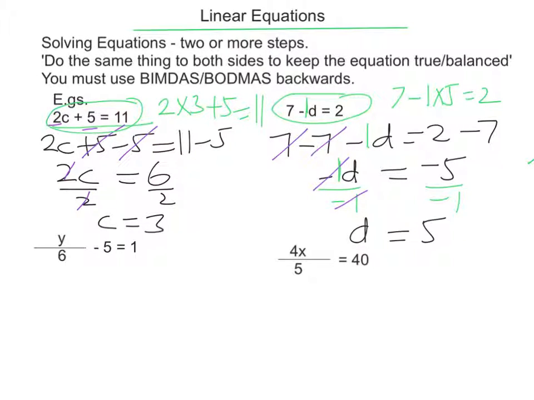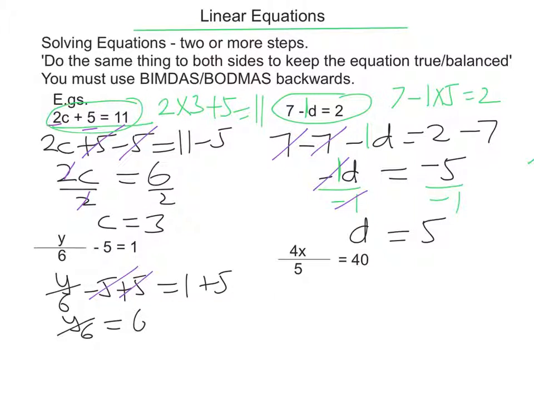Now let's look at the next question. y over 6 minus 5 equals 1. There are two things to get rid of, the 5 and the 6. We get rid of the minus 5 first because it's a subtraction. So I'm going to add 5 to both sides. When I do that, these two make 0, which is why we did it, and we're left with y over 6 equals 6.